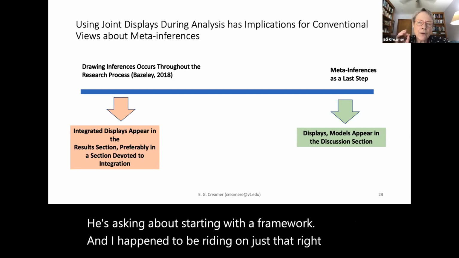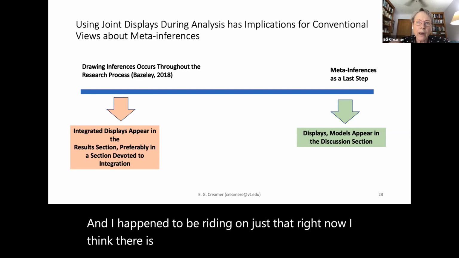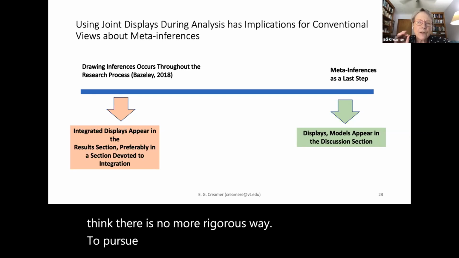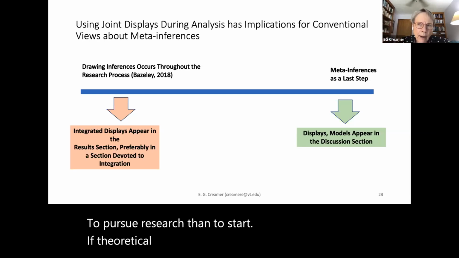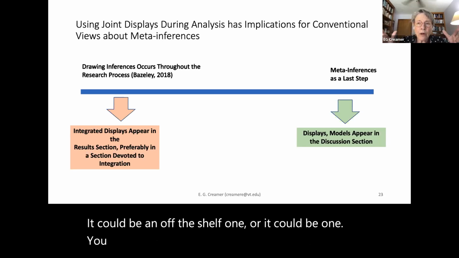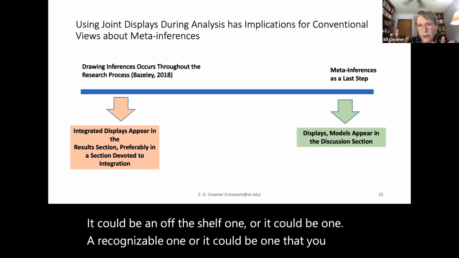I think there is no more rigorous way to pursue research than to start with a theoretical framework, a theoretical model. It could be an off-the-shelf, recognizable one, or it could be one that you construct from the literature.